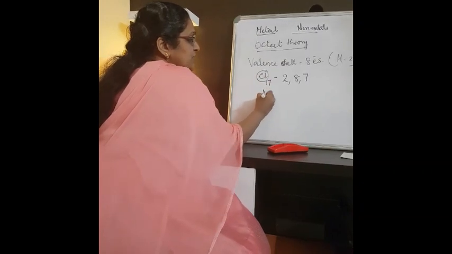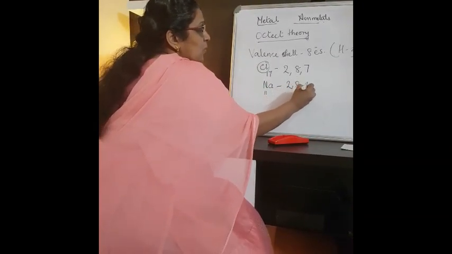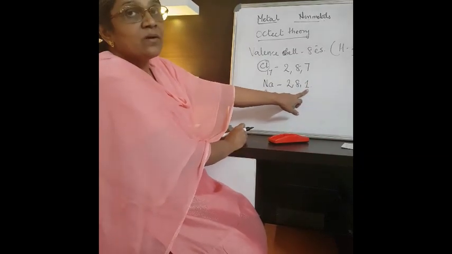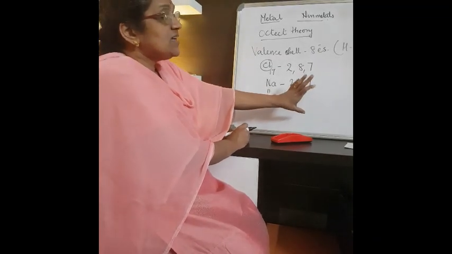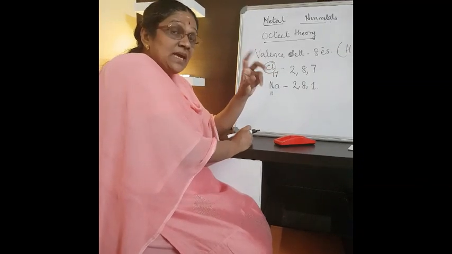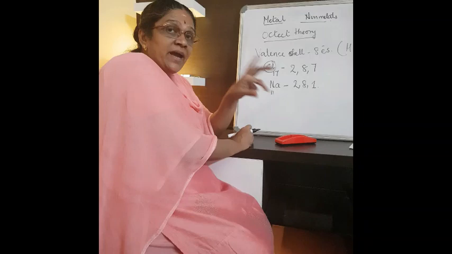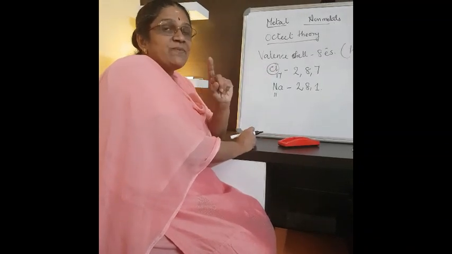Now coming to a metal, for example sodium. It has atomic number 11, so 2, 8, 1. The outermost shell has 1 electron. Is this an octet? No. So it will always have a tendency to form an octet. In valency, you studied that this happens by gaining, losing or sharing electrons.